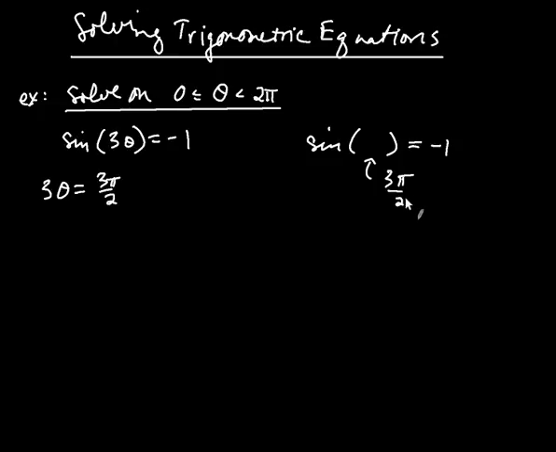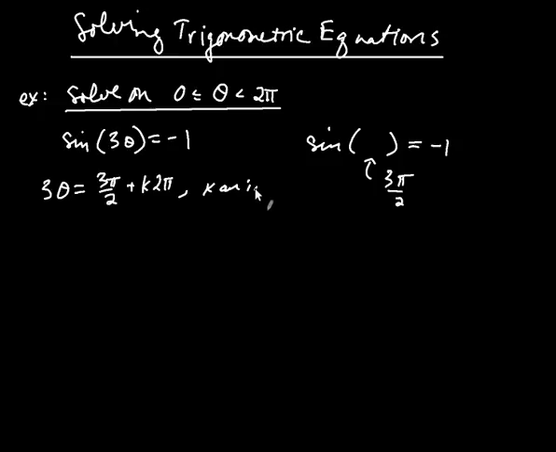Or what if you subtract 2 pi or subtract 4 pi? So what we're finding is that this isn't the only possibility. 3 theta could be 3 pi over 2, but you could also add to that any integer multiple of 2 pi. And we write that in the following way: k 2 pi, where k is an integer.